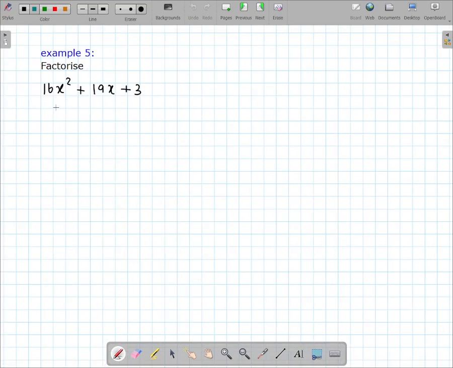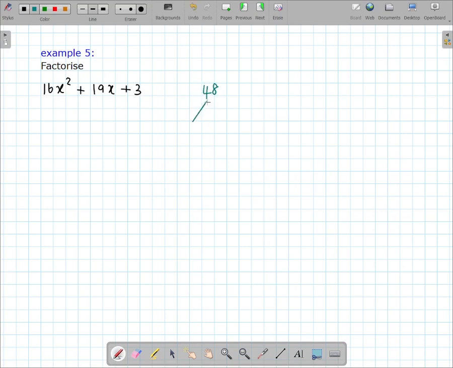Okay, example 5. Factorize 16x squared plus 19x plus 3. Then we have the quadratic term coefficient, that is 16. Then the constant is plus 3. When you multiply 16 and 3, that is 48.